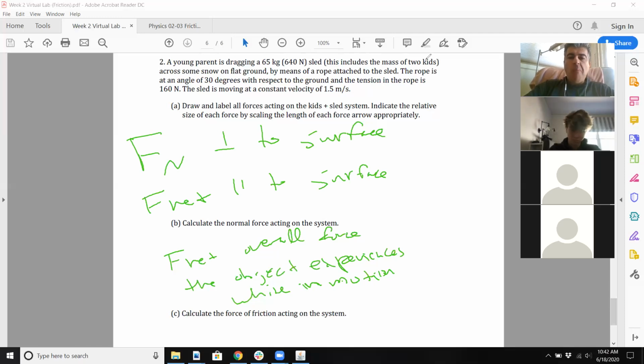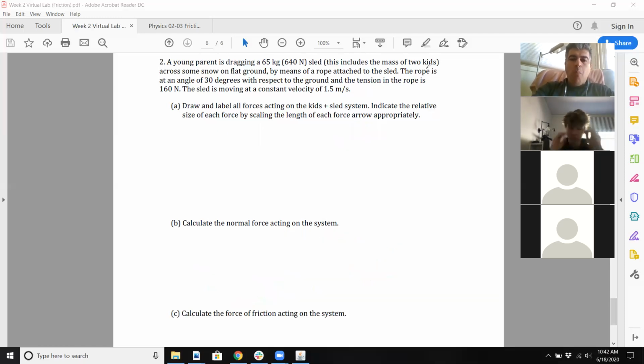So let me set up two for you guys now. I'll put you guys in groups. Young parents dragging a kid across the snow flat ground. That means the rope attached to the sled. The rope makes an angle of 30 degrees with respect to the ground. The tension of the rope is 160 newtons.